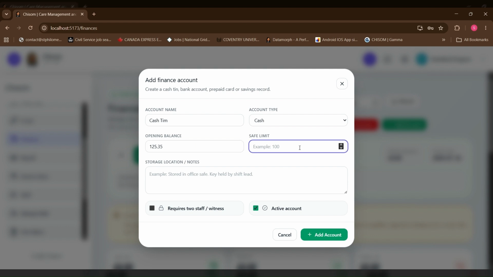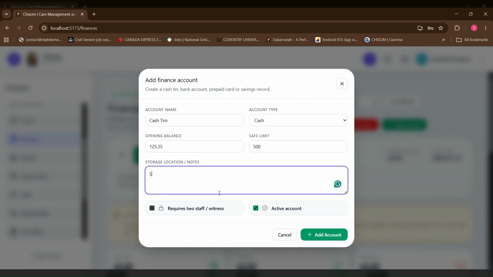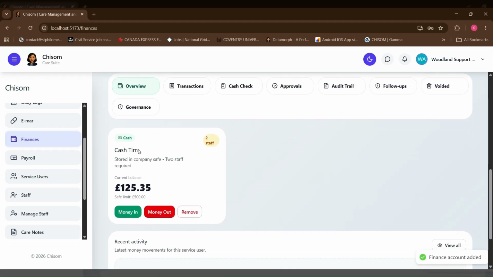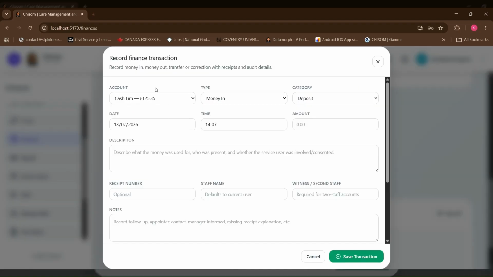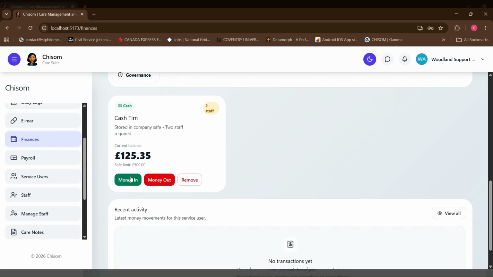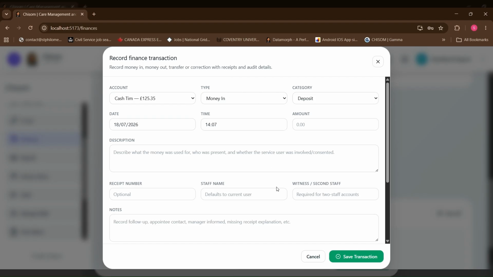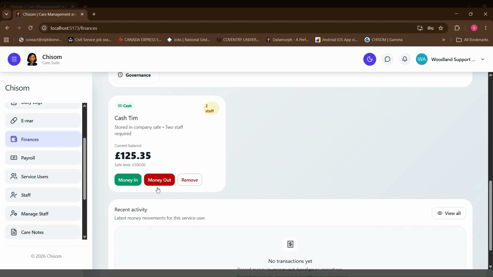Then safe limit, let's say is 500, stored in company safe. Now let's say it requires two witnesses. So I can add account. So this is the account I just added. With this you can add money into the account and you can remove money. Money in, we increase the figure; money out, we decrease the figure.